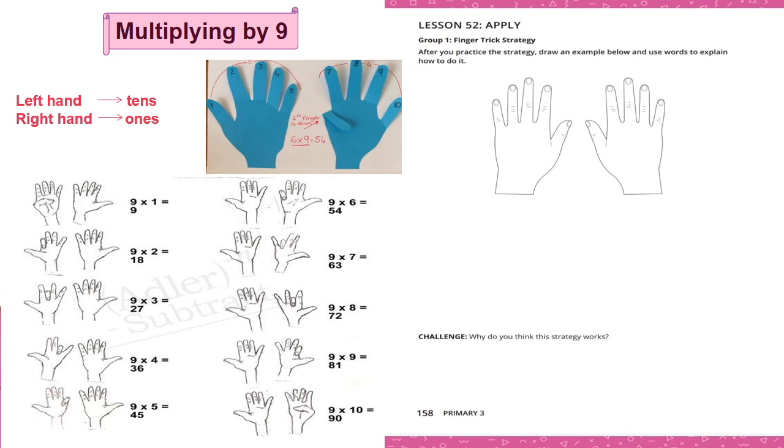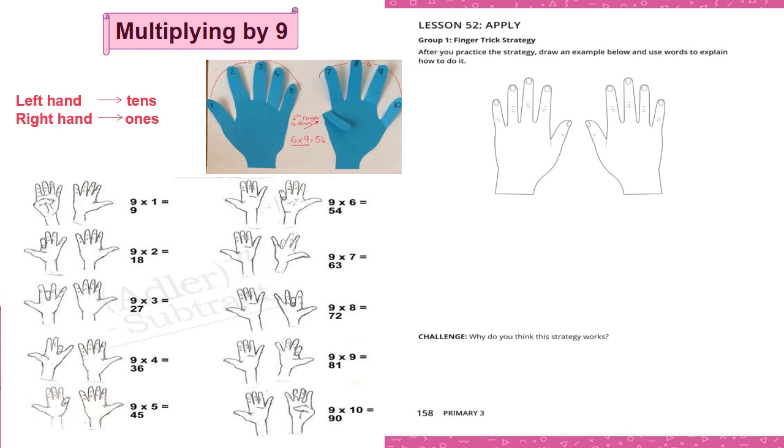No, I don't have. So the tens here is absent. And how many fingers on the right side? Yes, 9 fingers. And we said before, the right side means ones home. So here I have 9 in ones, equals 9. So the result will be 9.